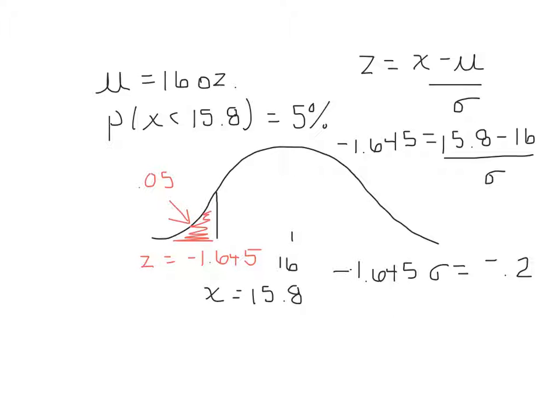Sigma is being multiplied by negative 1.645, so I undo that by dividing both sides by negative 1.645. And when I do that, I get a standard deviation equal to about 0.122 ounce.